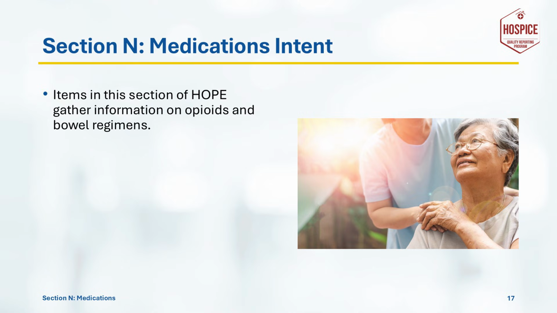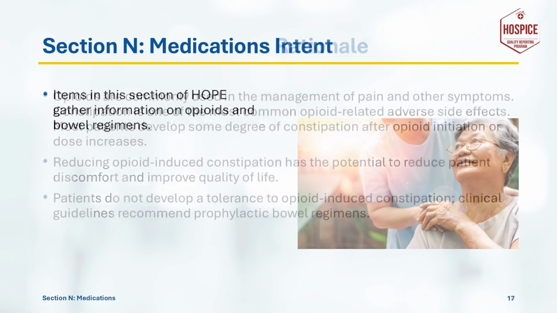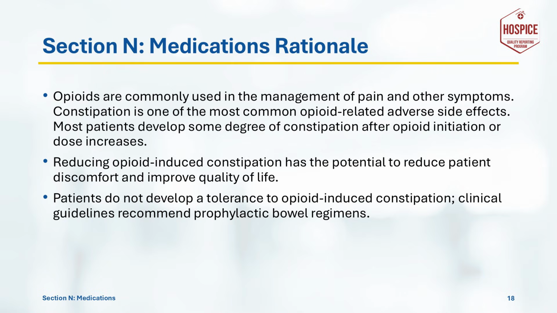The intent of collecting the items in Section N is to gather information about opioids and bowel regimens. The rationale for collecting this information is that opioids are commonly used to manage pain and other symptoms. Constipation is one of the most common adverse side effects related to opioid use.